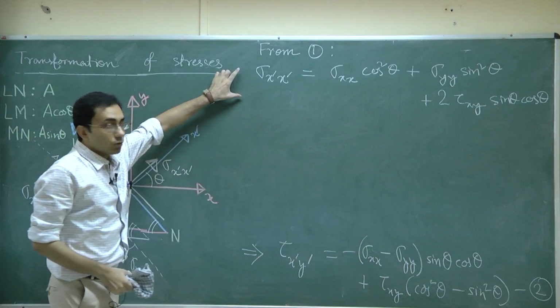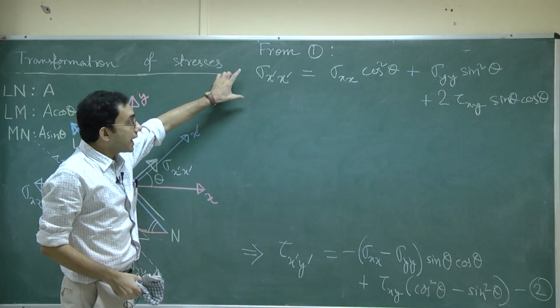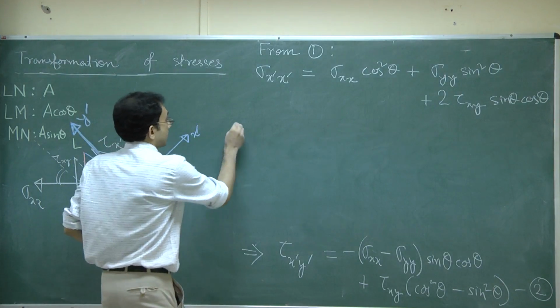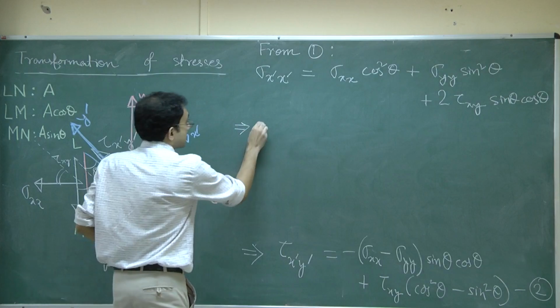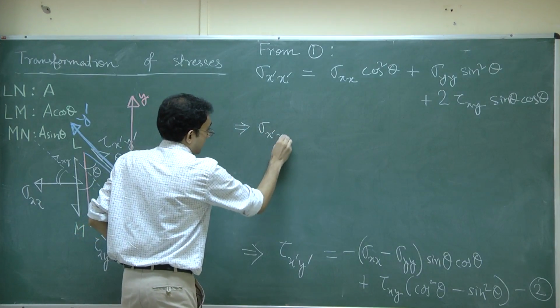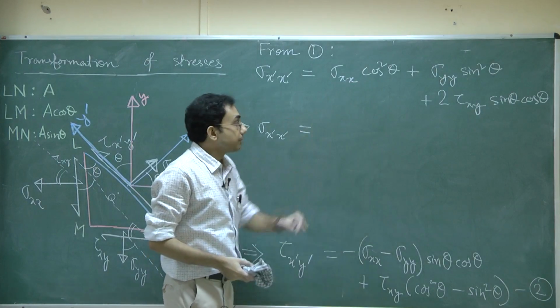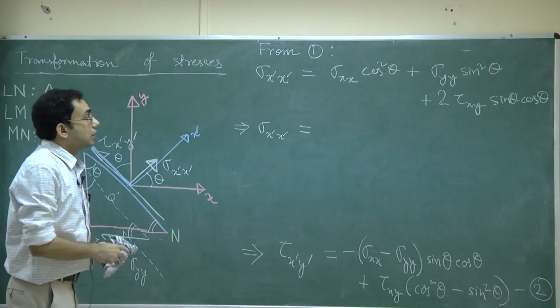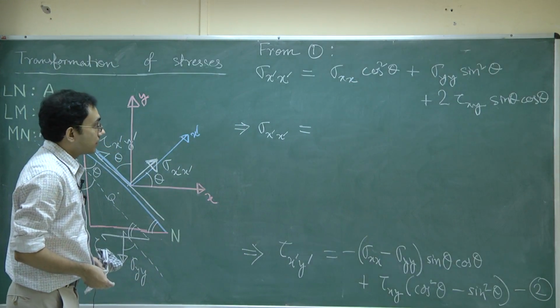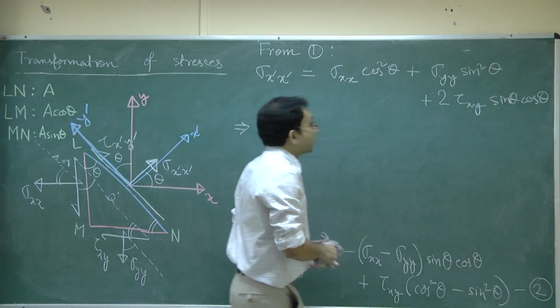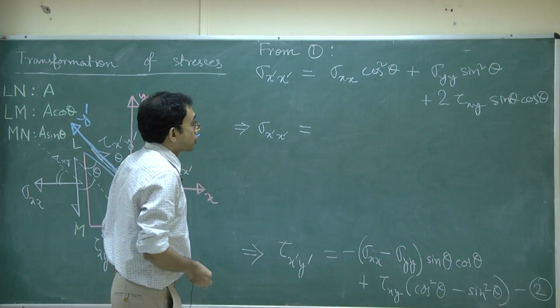What I have written down here is just a rewrite of the equation number 1 that I had written earlier. This I rewrite in turn. This time I actually write this as, I convert this to my cos 2 theta, and this one I convert again to cos 2 theta.